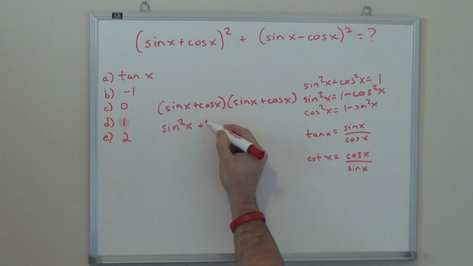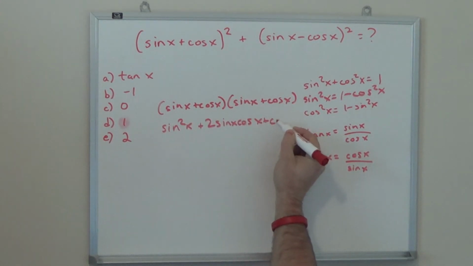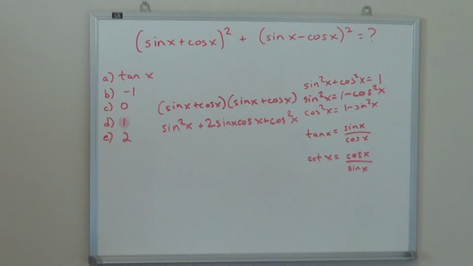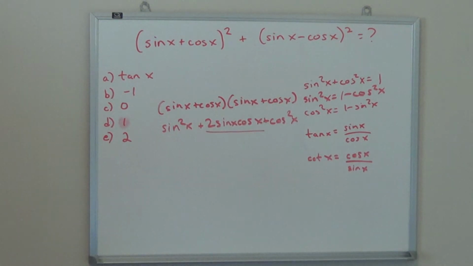Spare you some of that excitement. We get sine squared plus 2 sine x cosine x plus cosine squared. Now when you look at that, some of you might recognize the 2 sine x cosine x as the double angle formula, which is really just sine 2x. They're not going to test that, so they're not really looking for that.